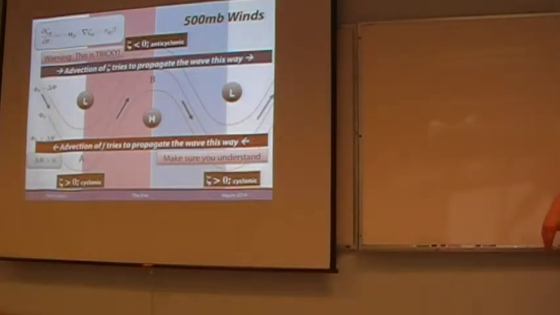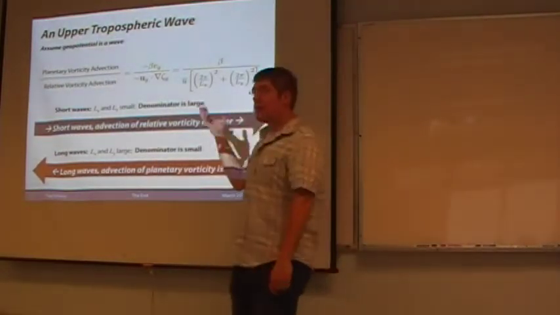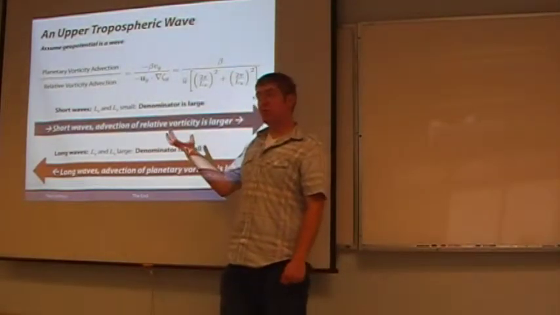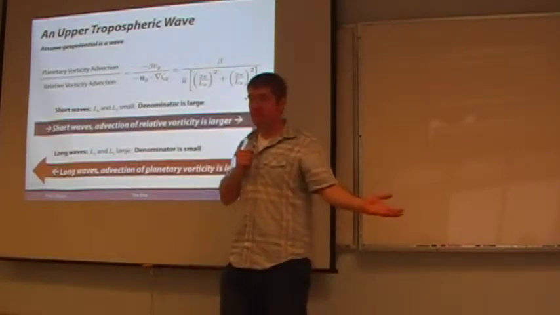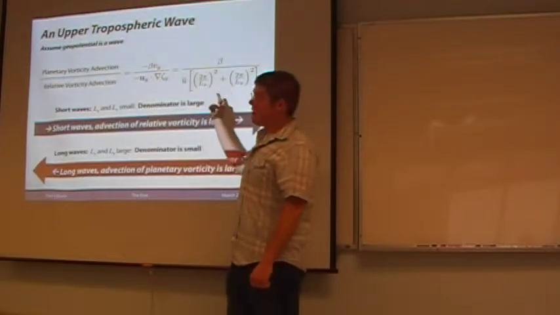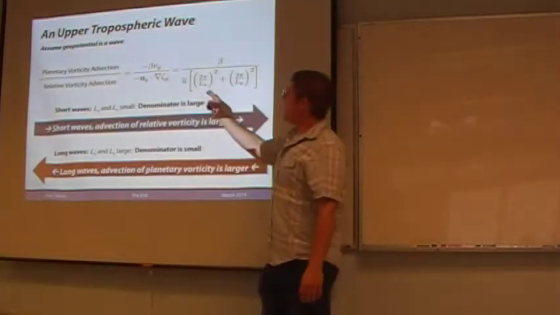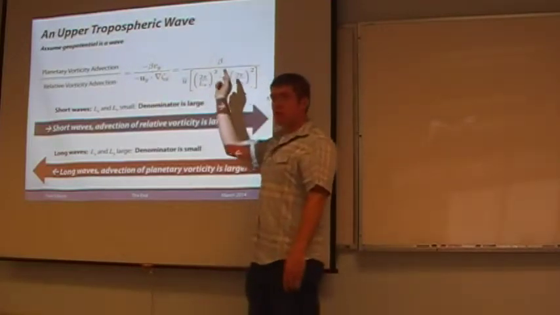This is pretty important. What we determined was, by taking the ratio between the planetary advection and the relative vorticity advection, that whether the wave travels eastward or westward was determined by the relative ratio of these terms.